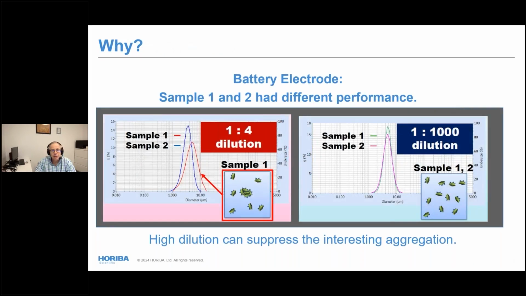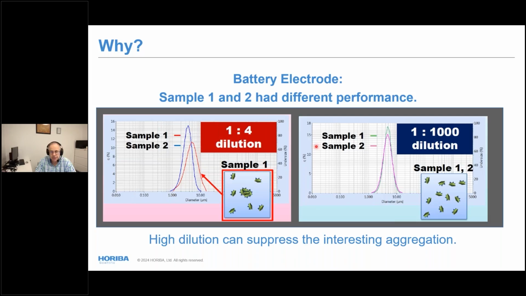So here is some example data, talking about why you might do this. I have a battery electrode and proprietary material, and sample 1 and sample 2 had different performance in the battery. So you had two different suspensions. If you dilute 1 to 4, you could see a significant difference in particle size in the HL cell.